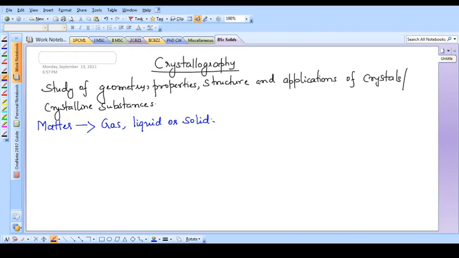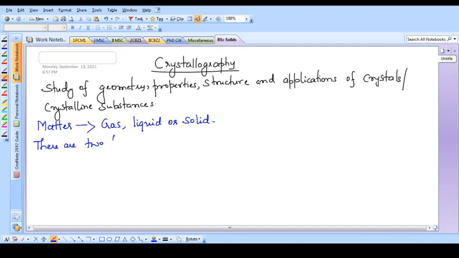You can convert a substance from liquid state into gaseous state, or you can convert a substance from solid to liquid by changing temperature or pressure. So what are the factors that make a substance exist as a gas, a liquid, or a solid? There are two important factors.